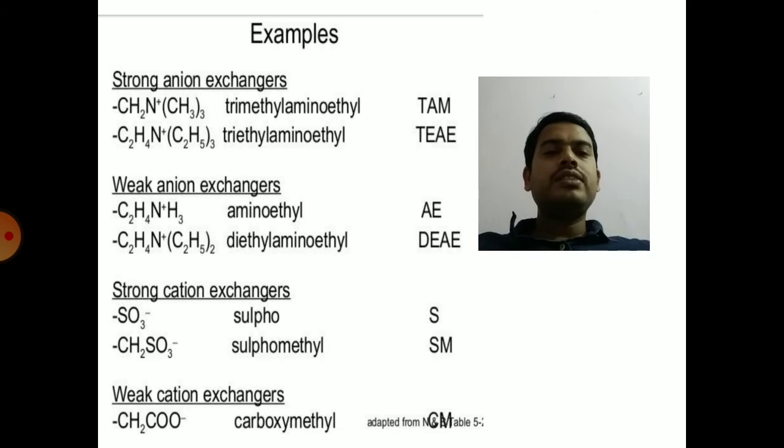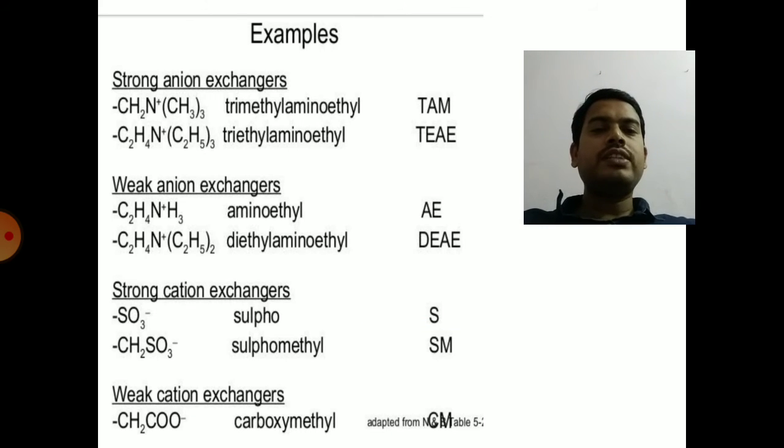So these are some of the examples of exchangers, like weak and strong exchangers. Strong anionic exchangers like TEAE, weak anionic exchangers like DEAE, diethylaminoethyl cellulose.